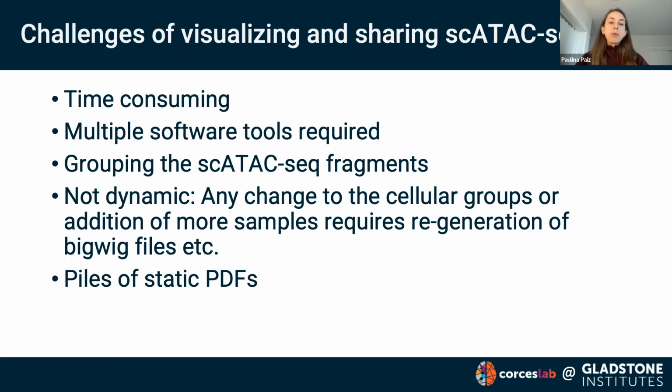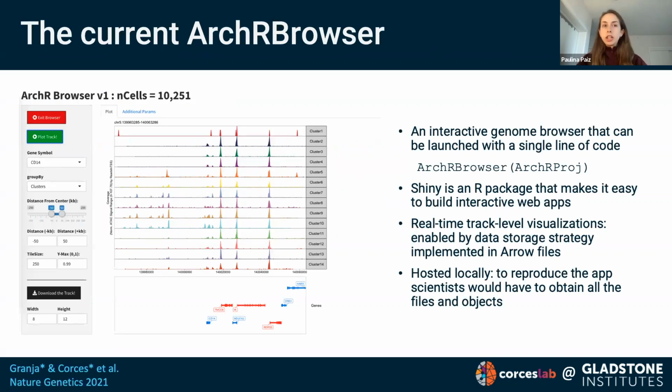And so one way that the developers of ArchR tried to facilitate this data sharing was with the ArchR Browser, which is already included in ArchR today. And the ArchR Browser is basically an interactive genome browser that can be launched with a single line of code. Here's a screenshot. It is based on Shiny, which is an R package that makes it easy to build interactive web applications.